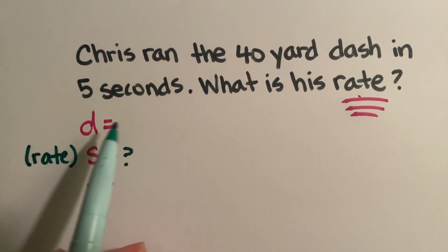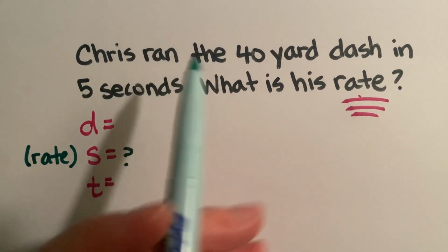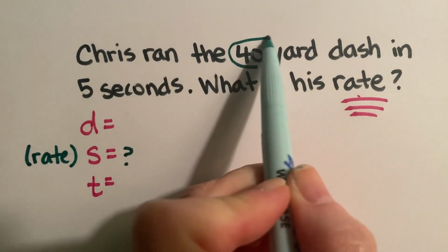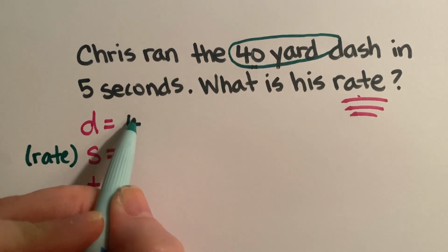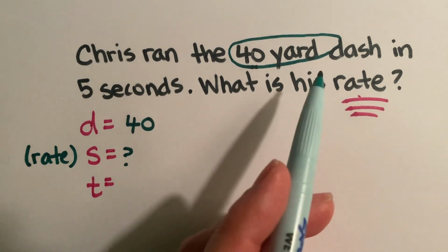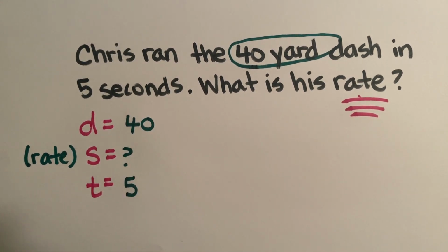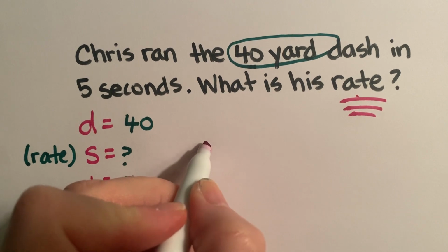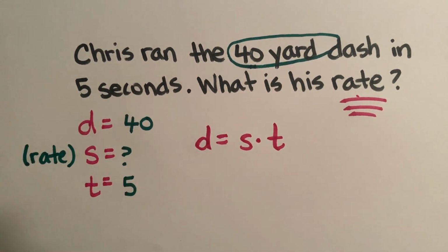Okay, that means we probably have a distance and a time. So let's read this again. Chris ran the 40-yard dash. So 40 yards is a distance. And he did it in a time of 5 seconds. So setting up our equation again, we will have distance equals speed times time.